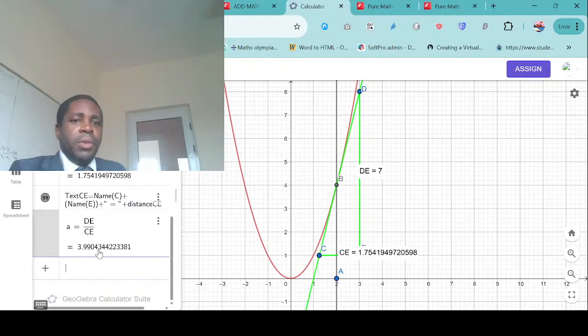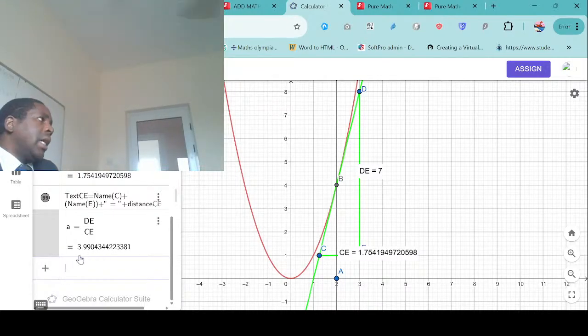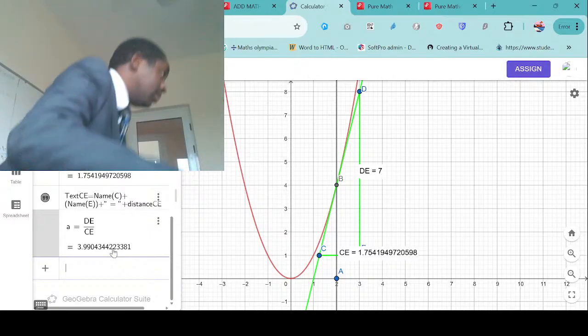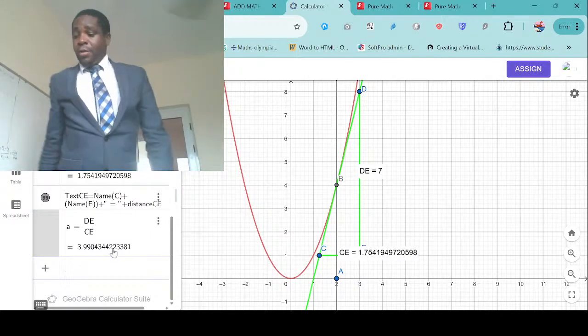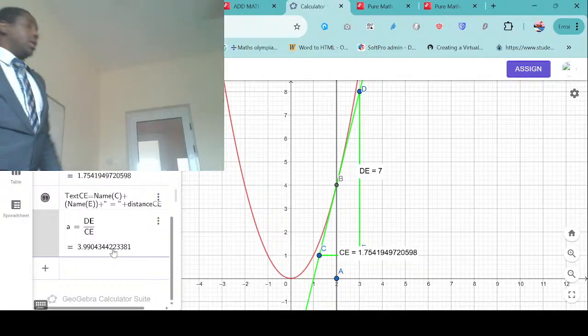Can you see what it's giving me? It's giving me 3.9999, which is very close to 4. But it's actually an estimate. If you do it correctly, you should actually get the value of 4. Are you following? Right, so let's move on.